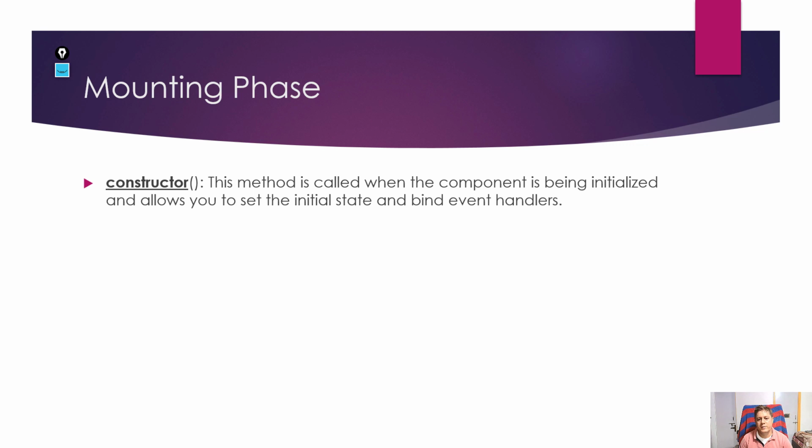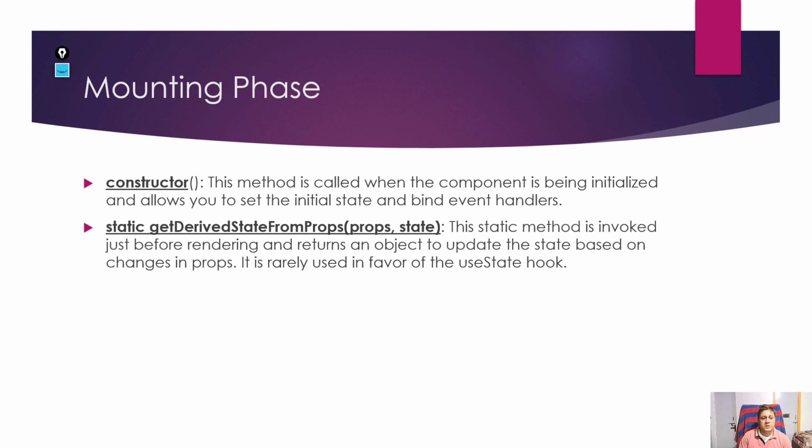The constructor is called when a component is initialized for the first time. Right away, whenever the component is initialized, this method is called, and you can do whatever setup you want over there, such as event binding. The second method is getDerivedStateFromProps. This static method is invoked just before the actual rendering.